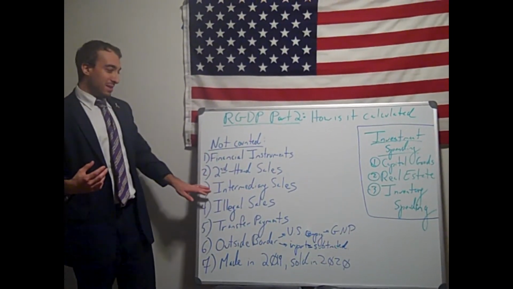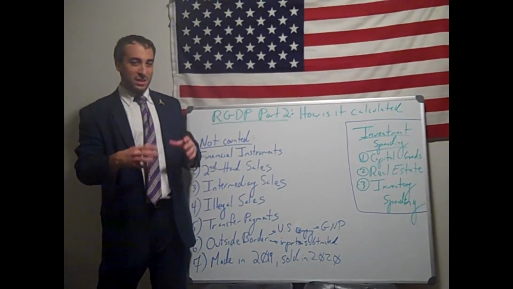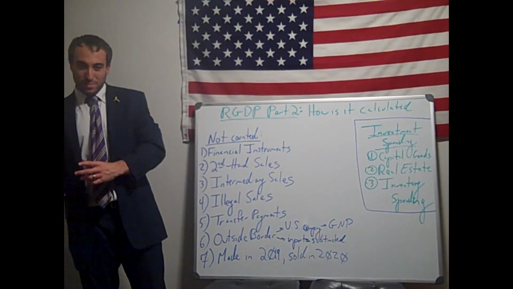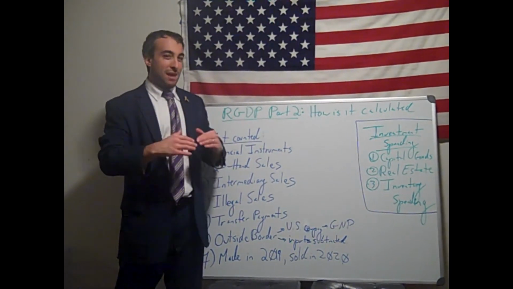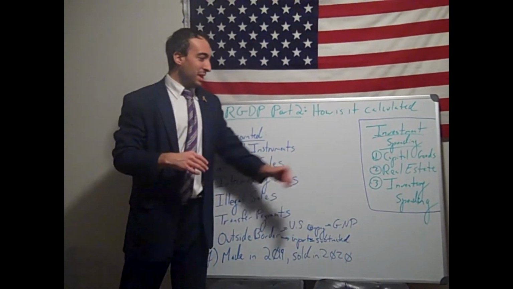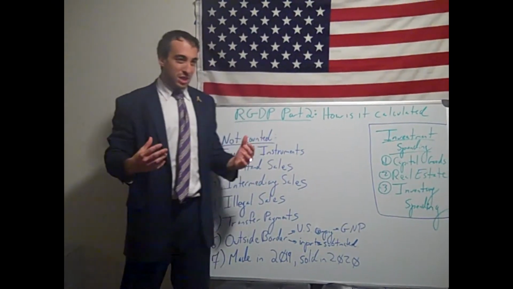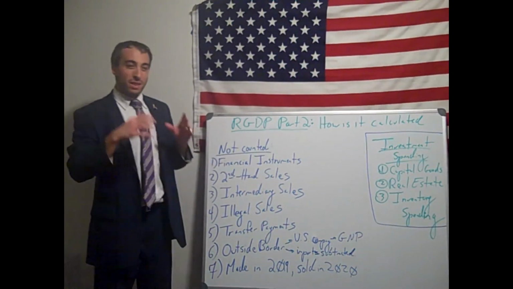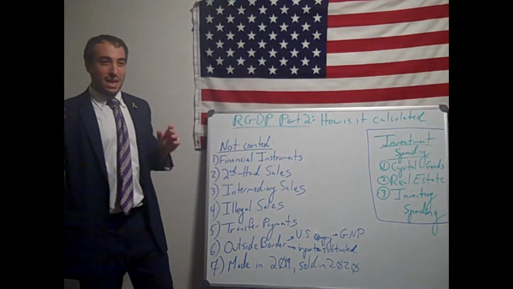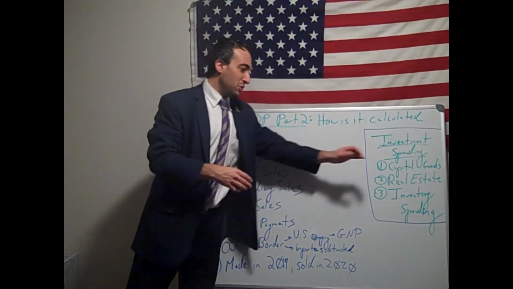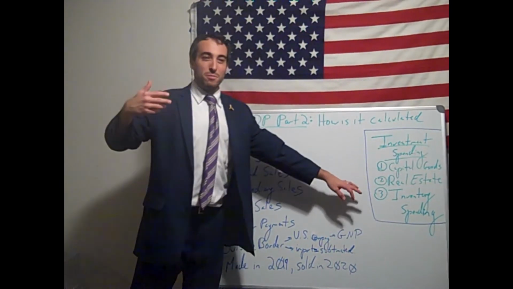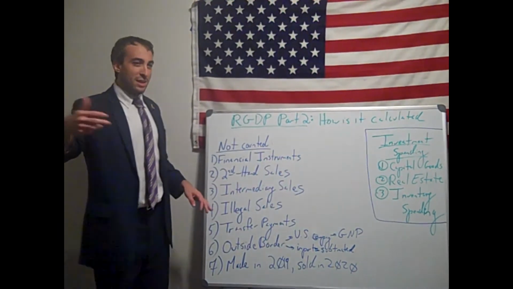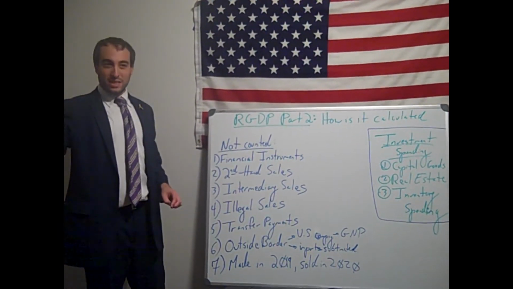3, intermediary sales. This is like when Heinz buys the tomatoes to make the ketchup. The tomatoes are not counted in GDP as inventory spending. The final sale would be when Stop and Shop adds the Heinz ketchup to inventory, and then that number is revised to consumer spending when a person buys the Heinz ketchup.